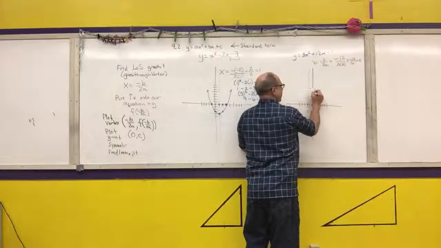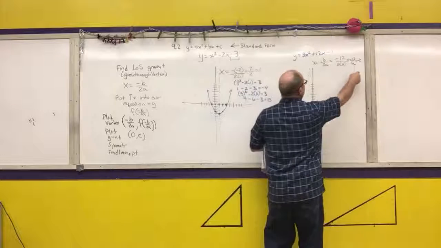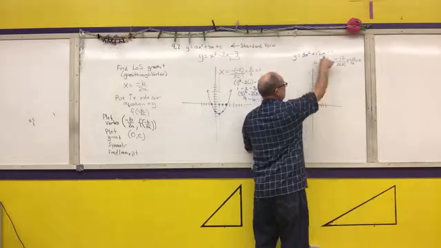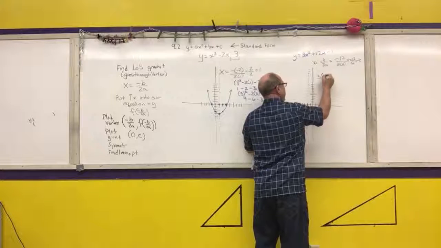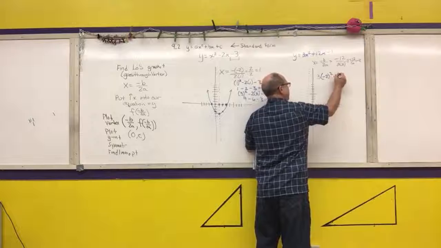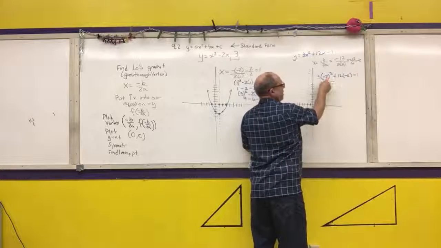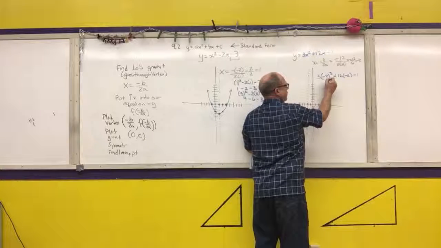I know my vertex falls on that line. So what I need to do is put the negative 2 into this function. Here's where you want to be careful. Make sure you put parentheses before you write down that term. So 3 times negative 2 squared plus 12 times negative 2 minus 1. Negative 2 squared is 4. 4 times 3 is 12.